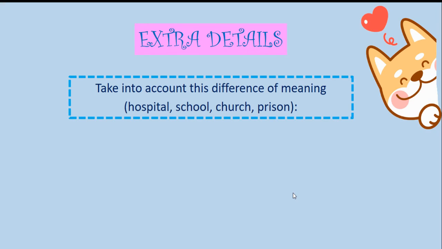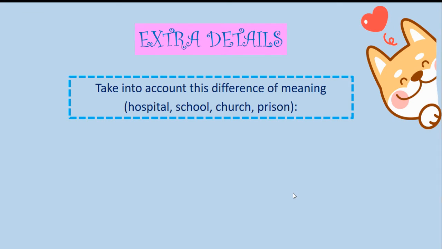Then, some extra details that we need to take into account and that I emphasized in the previous virtual class, when we checked our exercises. There is a difference that we need to consider when we talk about hospital, school, church, and prison. Those are like four special words, okay?